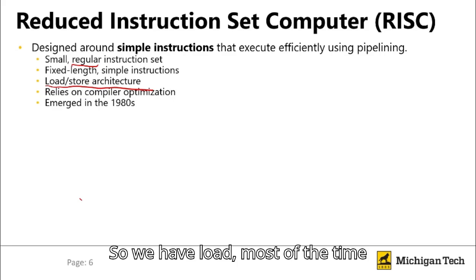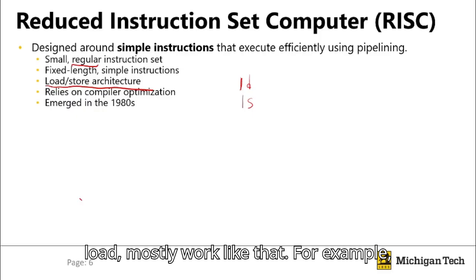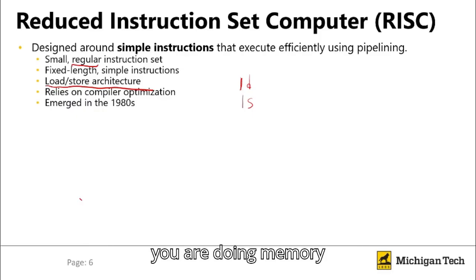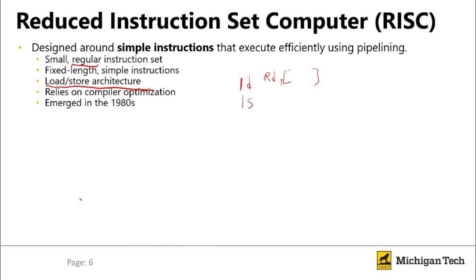So we have load, most of the time LD is load, and store. Load mostly works like this. For example, you are doing memory and register, RD, register destination, and address, sorry.